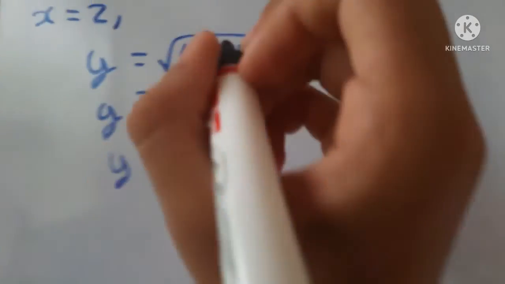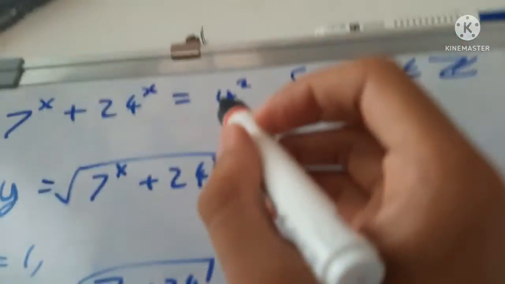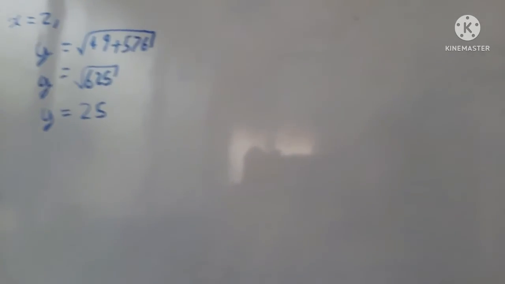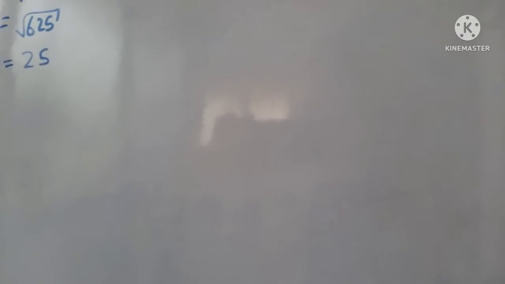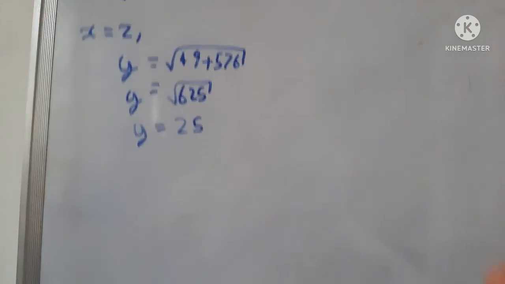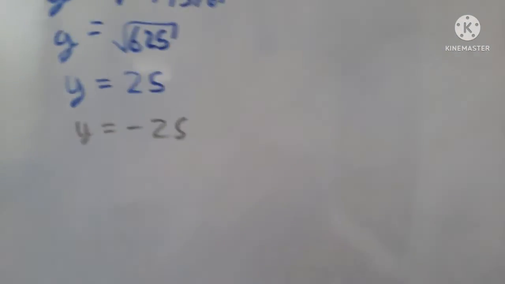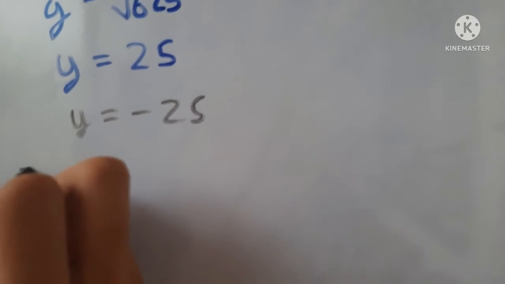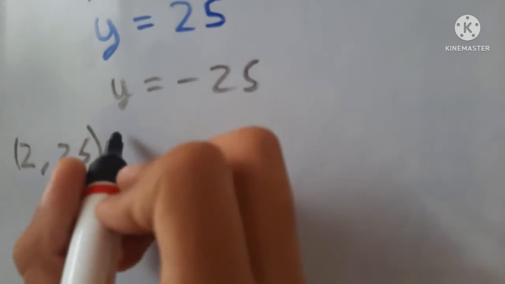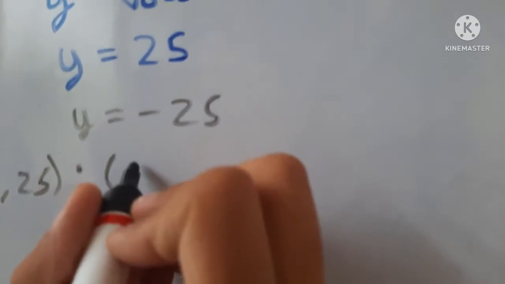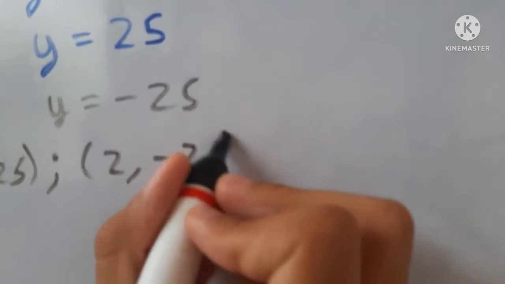Now y equals negative 25 should also work because y is squared here and the square of any number is positive in the reals. So y should also be negative 25. So far we have two solutions, 2 comma 25 and 2 comma negative 25.